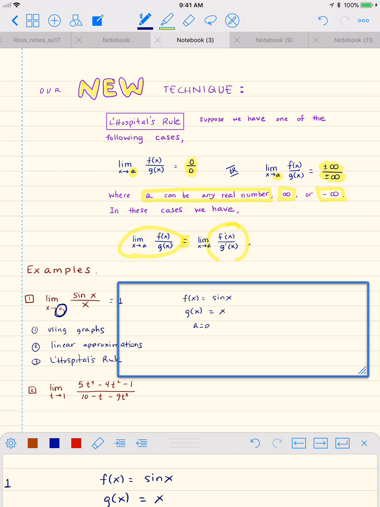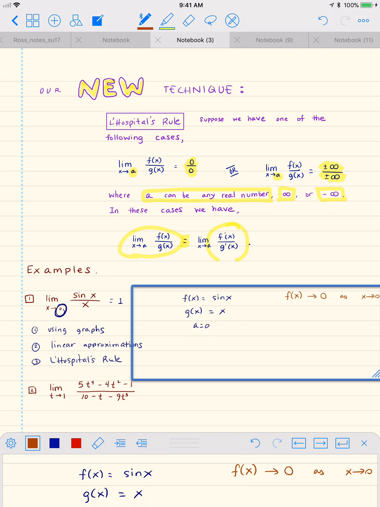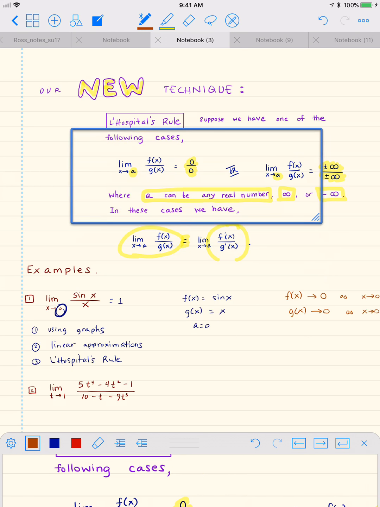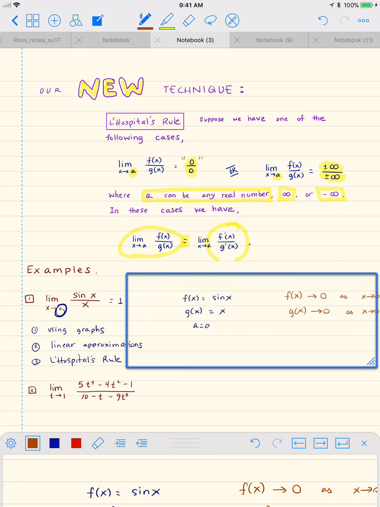So now we say f of x goes to 0 as x goes to 0, and g of x approaches 0 as x goes to 0. So we're in this situation right here, where the limit as x goes to a has this indeterminate form of 0 over 0.